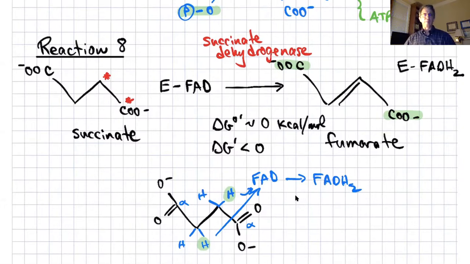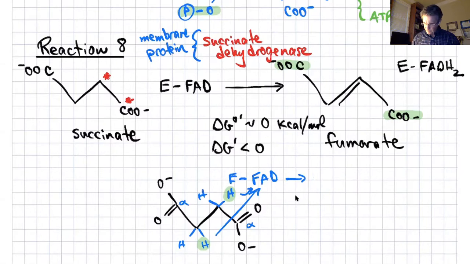Okay, another wrinkle about succinate dehydrogenase. This is the only enzyme of the TCA cycle that's membrane bound. This is an integral membrane protein, right? This protein's going to come up again and get a different name, but we'll call it succinate dehydrogenase for now. In addition to having this covalently bound FAD group, which oxidizes that 2 and 3 carbon to make that carbon-carbon double bond, this protein also has a series of iron sulfur clusters built into it.